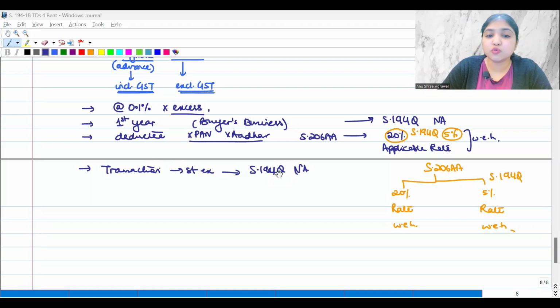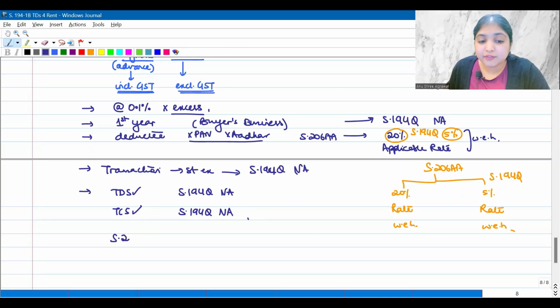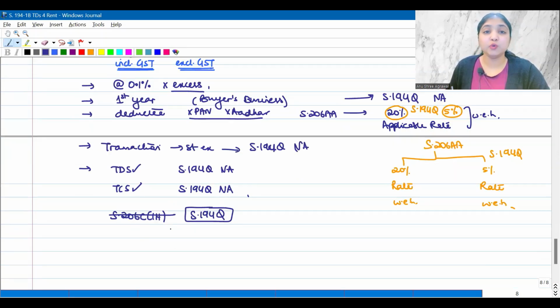Then listen to one another point. If any other TDS section is applicable, then section 194Q will not apply. If any other TCS section is applicable, then also section 194Q will not apply. But however, if TCS in the form of 206C1H is applicable and 194Q is also applicable, between these two sections, you will give priority to 194Q.